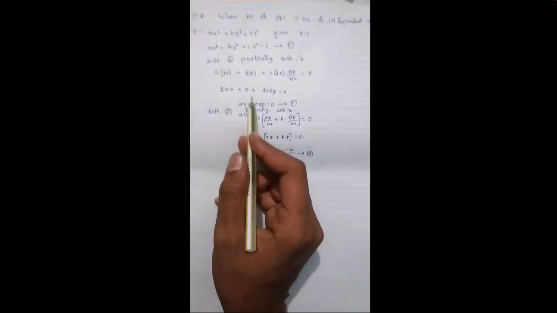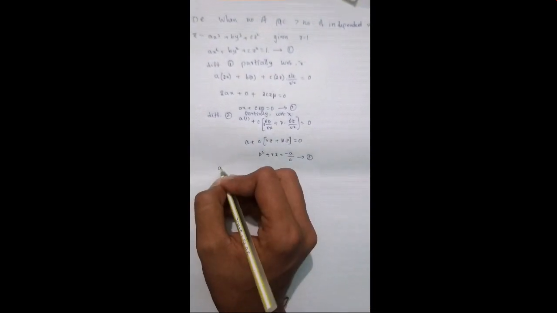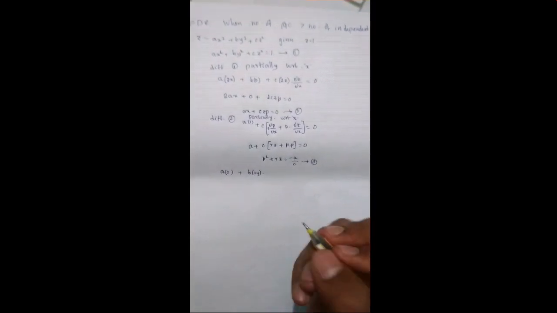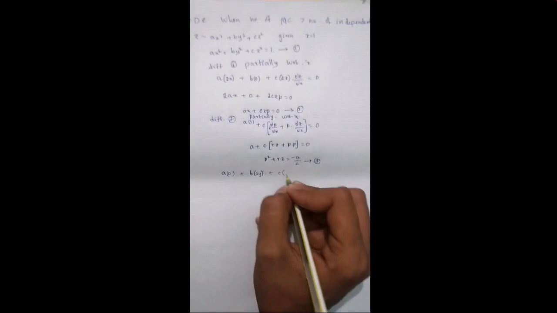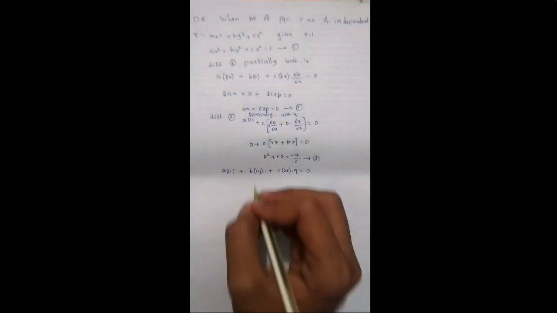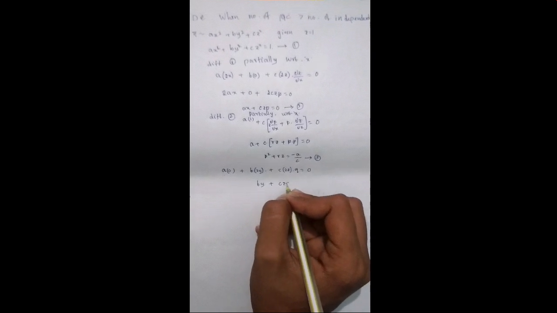Now let us again find the derivative with respect to y. The derivative of this function with respect to y is a into 0 plus b into 2y ∂y/∂y plus c into 2z ∂z/∂y, which is q, equal to 0. Cancelling 2, by + czq = 0.